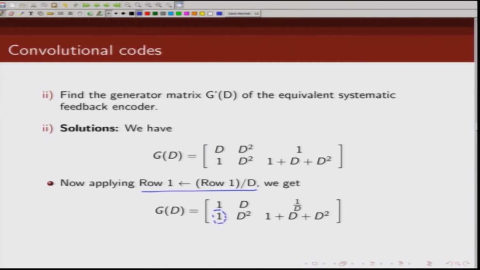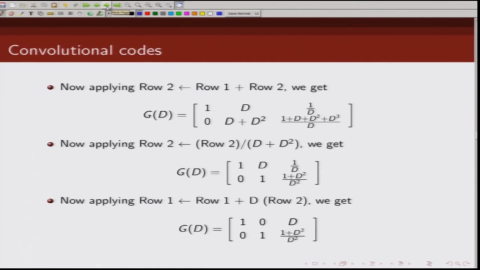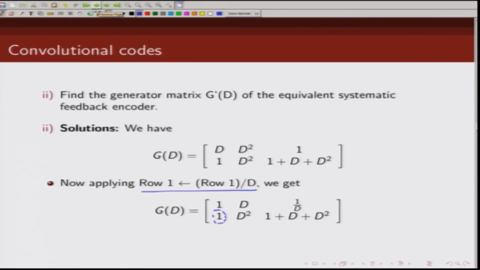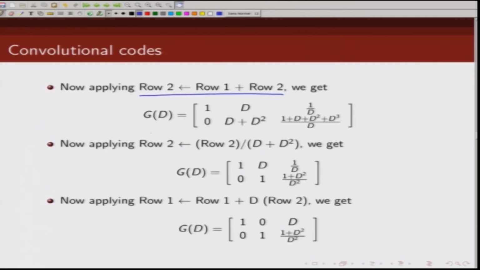How can we get a 0 here? So, we will do this transformation, row 2 is row 1 plus row 2. If we do that, we add these two, this will become 0, this will become D plus D square, and what we will get is this.